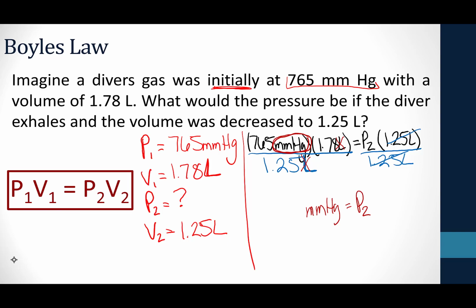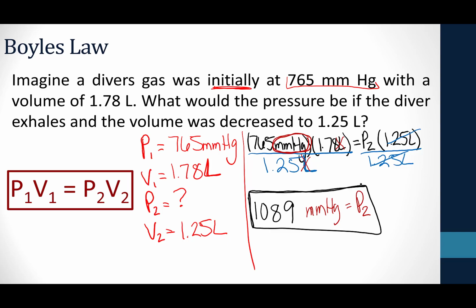All right, so I just need to plug this into my calculator, and it will spit out the answer for me. We've got 765 times 1.78 divided by 1.25. And my answer is 1,089 millimeters of mercury.